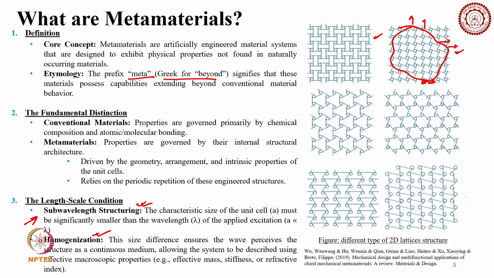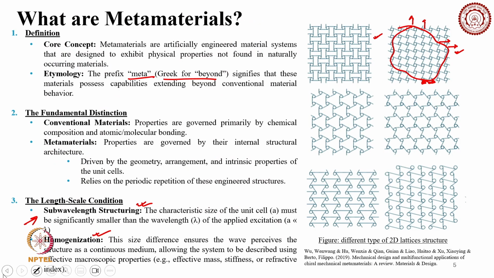So in those cases, we try to find out what can be the equivalent Young's modulus and equivalent Poisson ratio for this type of geometries, and this is known as homogenization. Okay, so if there is no doubt, then we have understood it primarily.